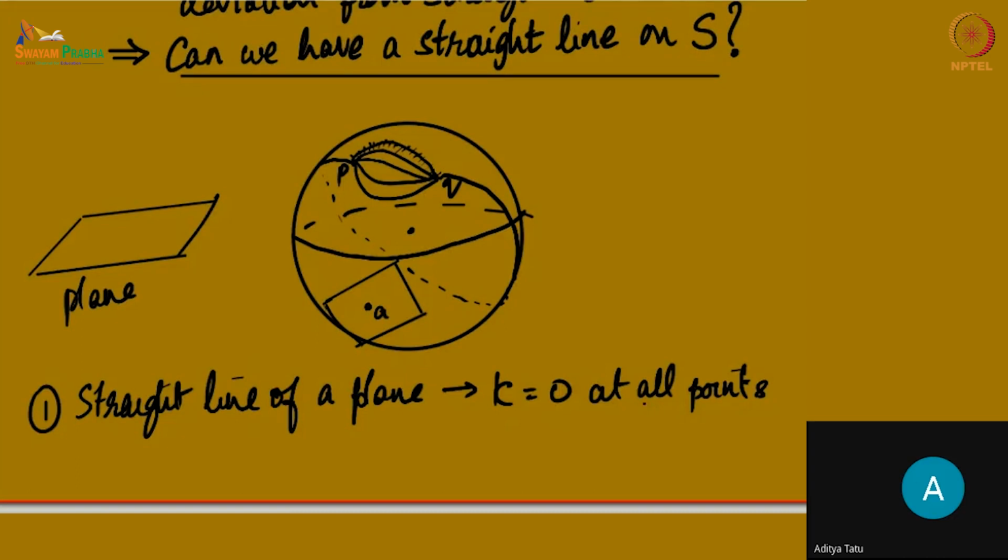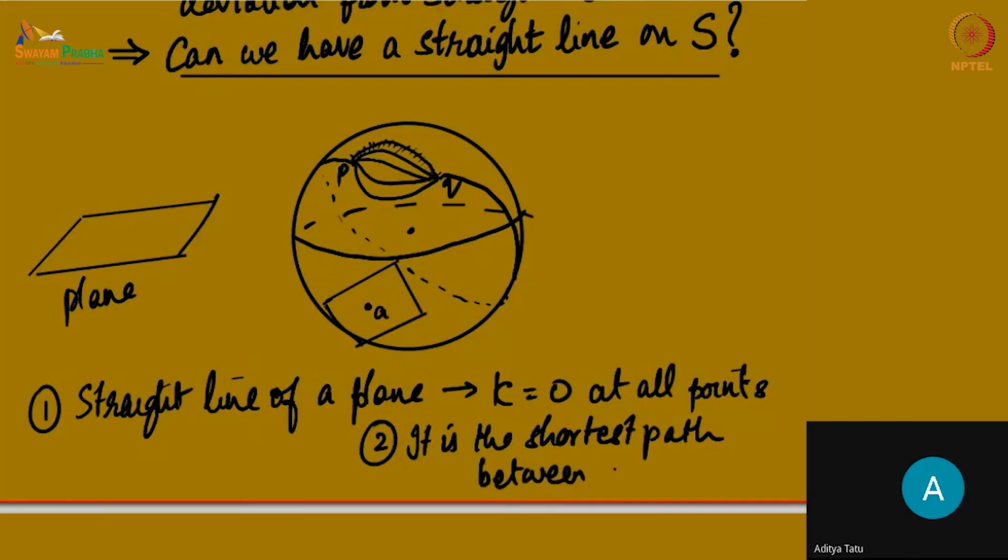The second property of a straight line on the plane is that it is the shortest path between its endpoints, right? But both of these are the same as far as the plane is concerned, isn't it?